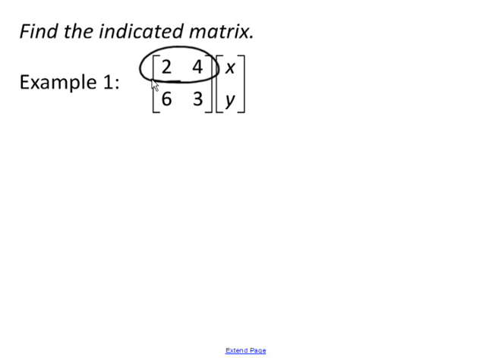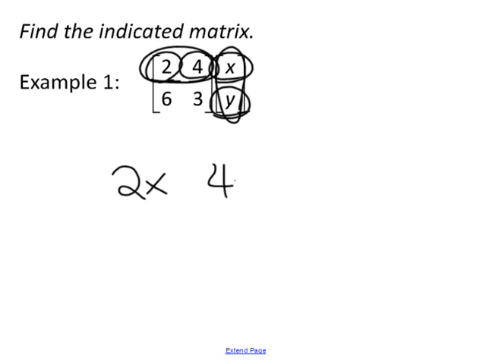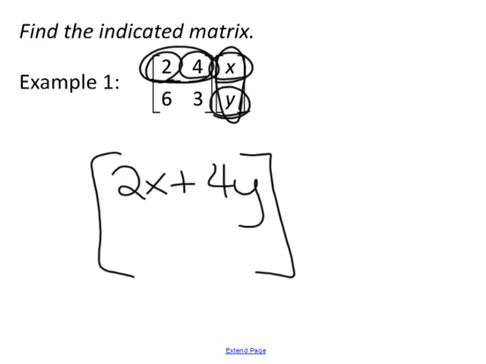I have rows on the left and columns on the right, so I need to multiply the 2 times the x, so I have 2x, and I need to multiply the 4 times the y, 4y, and add those together. Can you combine the 2x and the 4y? Well, no, they're not like terms. So we're going to have 2x plus 4y. That's going to be the first entry.